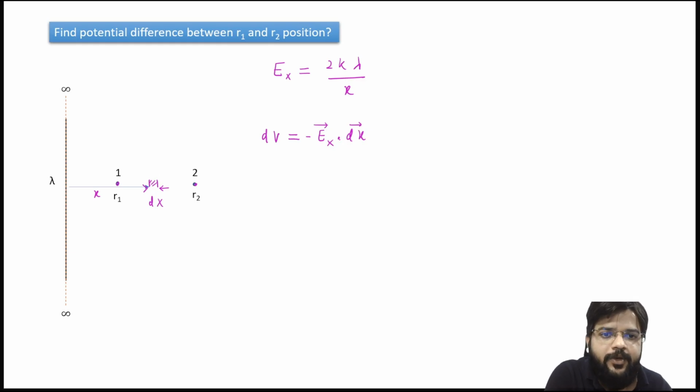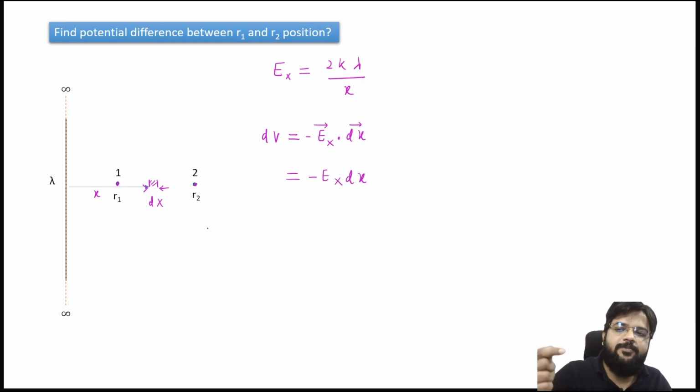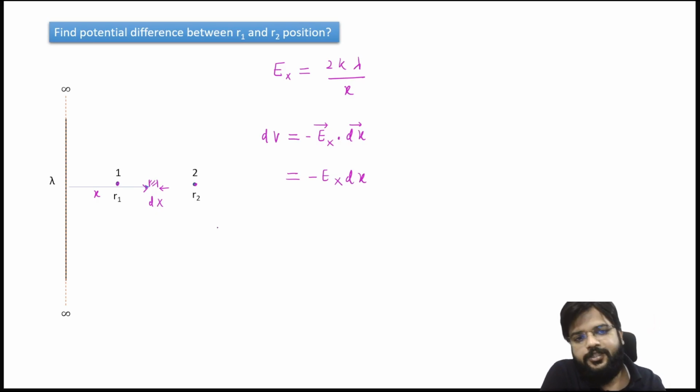If I remove the dot product, then cos theta will come. Theta is the angle between electric field and dx, and theta is 0 here. That's why in the next step we get minus Ex dx only, because the displacement is in the direction of the electric field, so theta is 0 and cos 0 is 1.